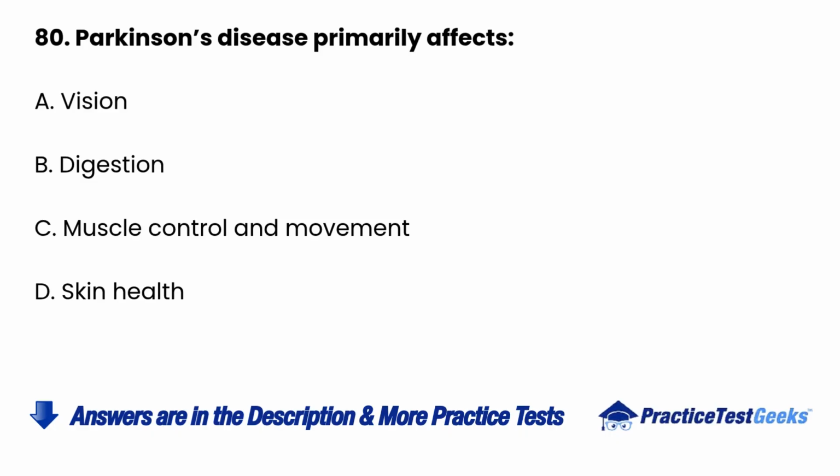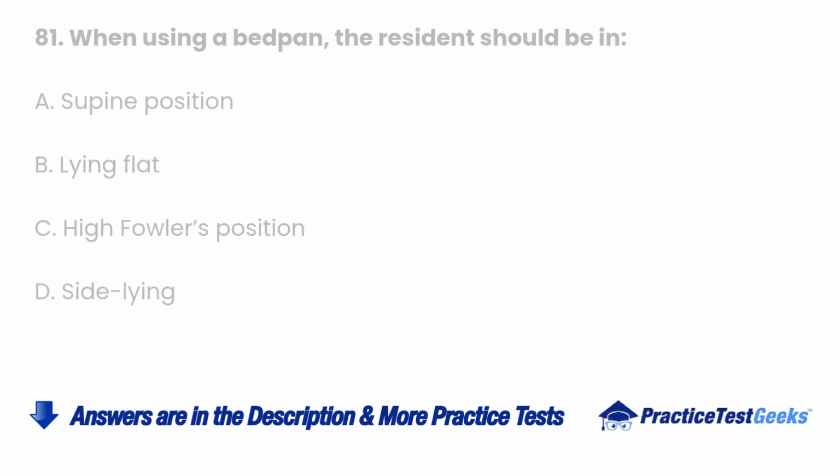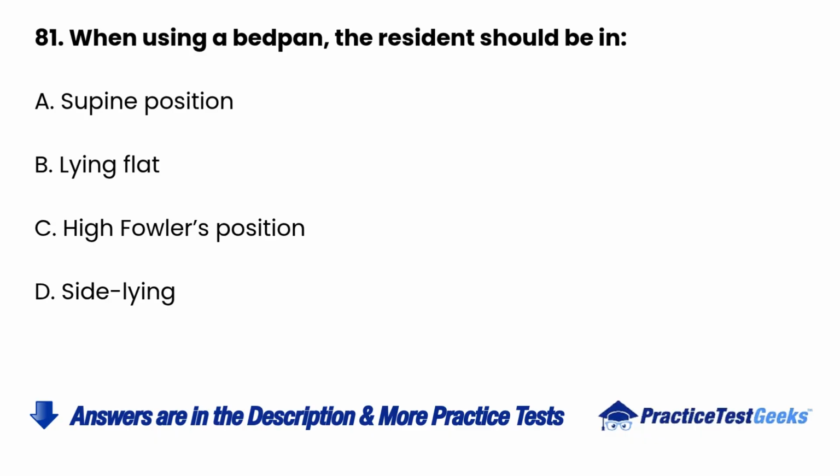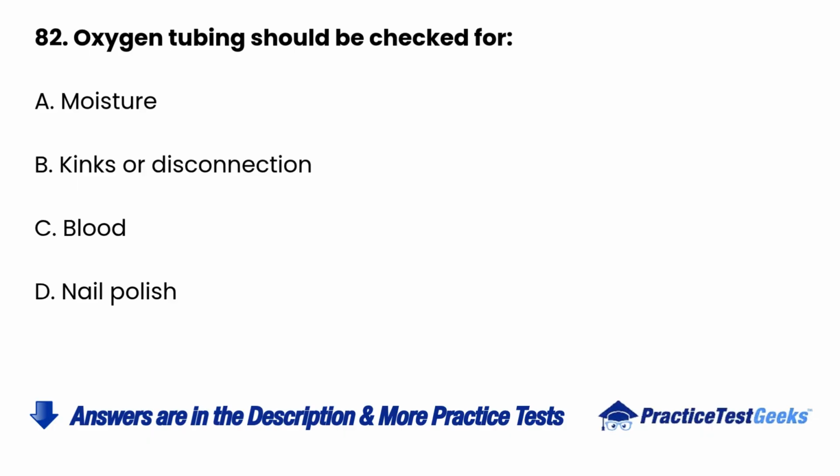Vision. B. Digestion. C. Muscle control and movement. D. Skin health. 81. When using a bedpan, the resident should be in: A. Supine position. B. Lying flat. C. High Fowler's position. D. Side lying. 82.